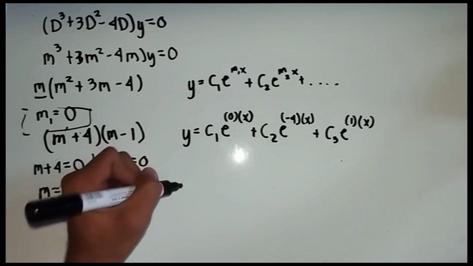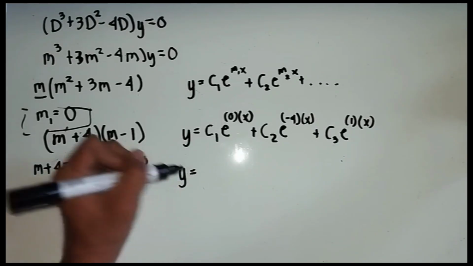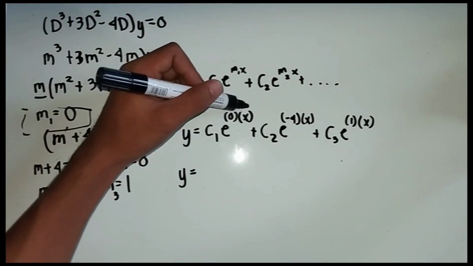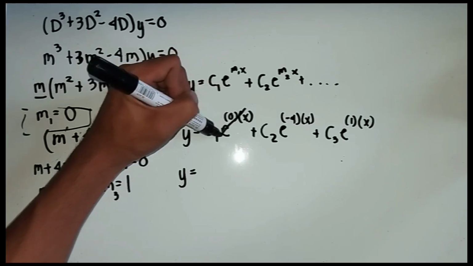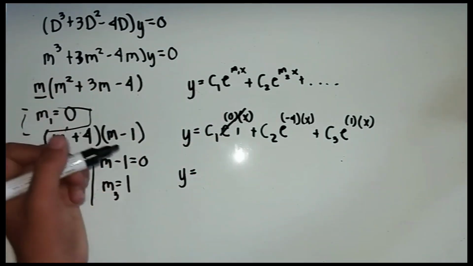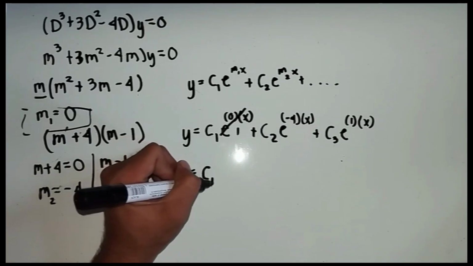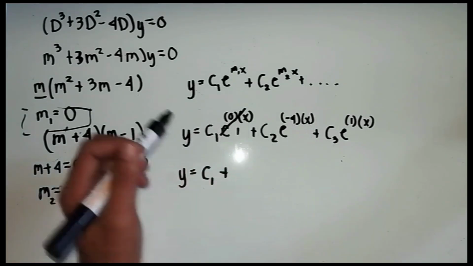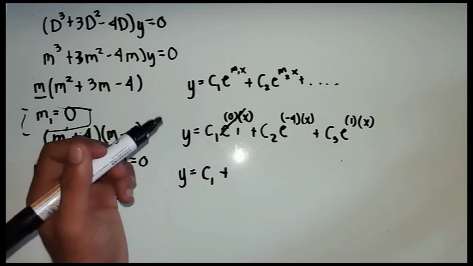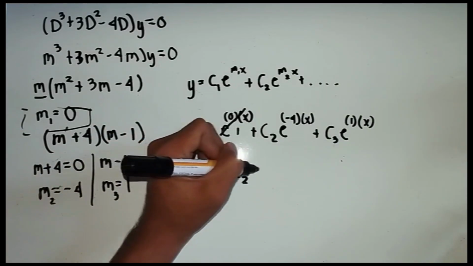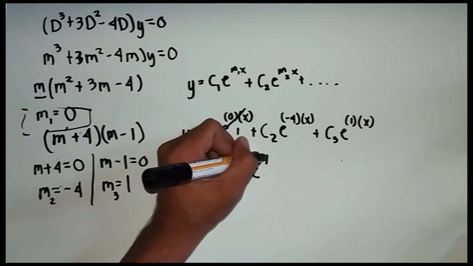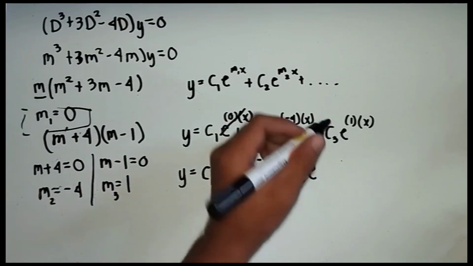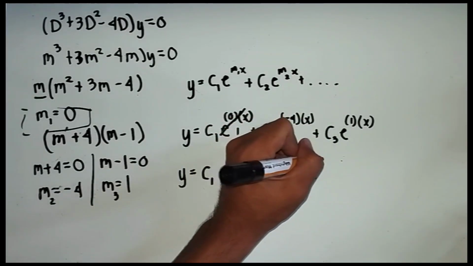Now we're going to solve for the answer. As you can observe, we have 0 here, so this cancels and we're left with 1, so this would be c sub 1, plus c sub 2 e to the power of negative 4x, plus c sub 3 e to the power of 1 times x, or simply x.